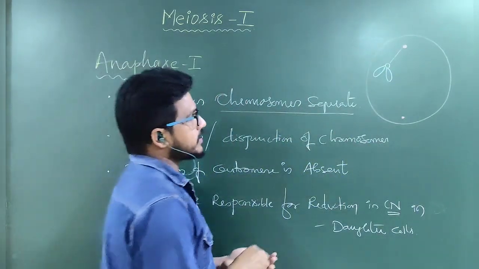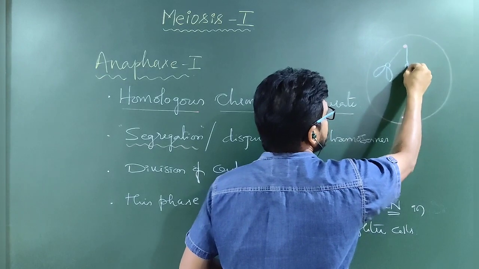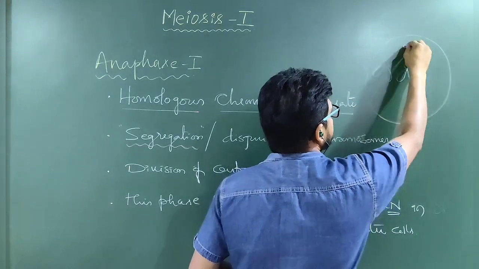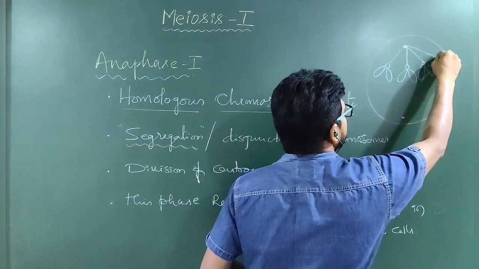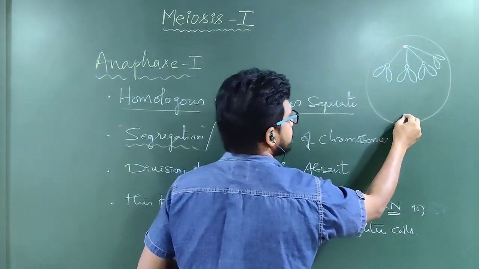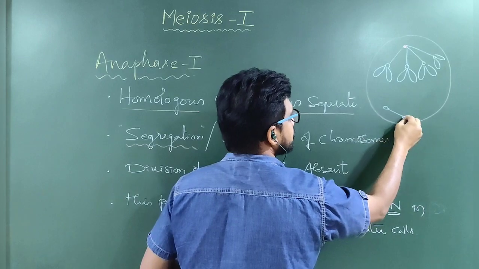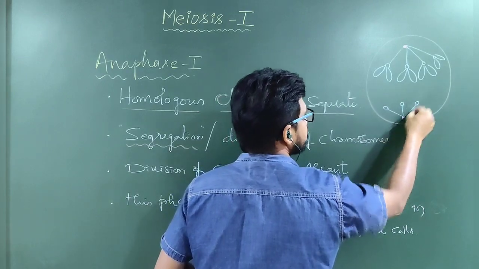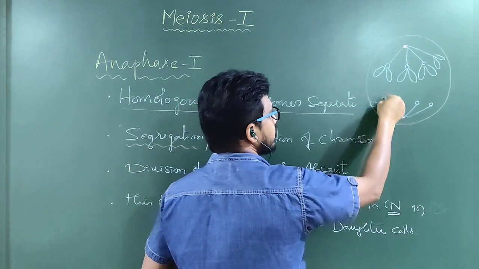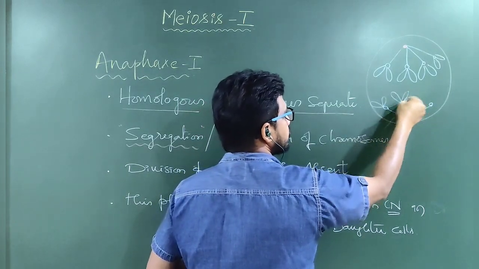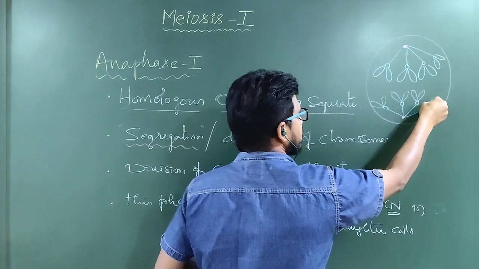So the chromatids remain the same. Like that, and the same here. One and 2. Reduction has taken place.